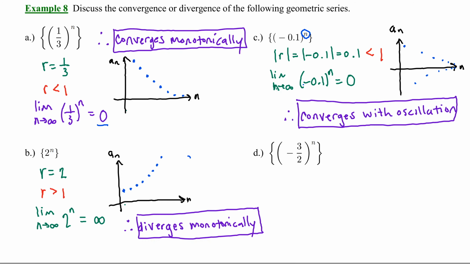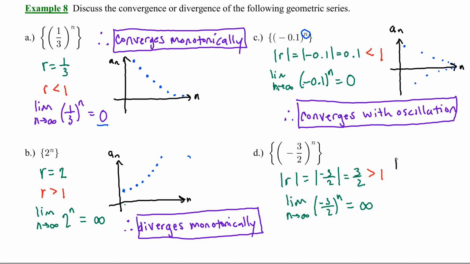A similar result will be true for our last example. In this case, the absolute value of the base, negative 3/2, which is positive 3/2, is greater than 1. Which means when we find the limit as n goes to infinity of negative 3/2 to the n, we end up with infinity.